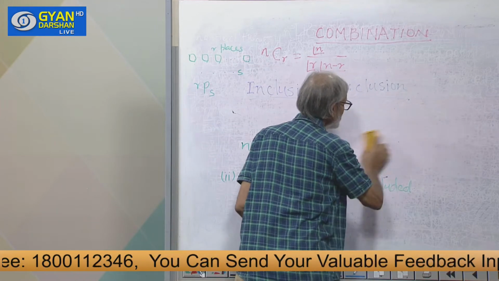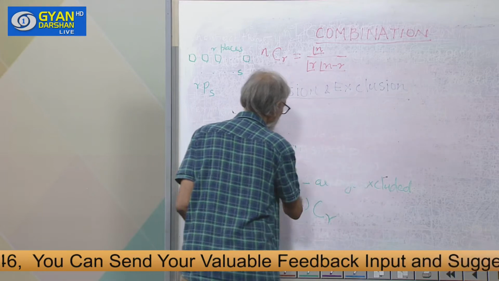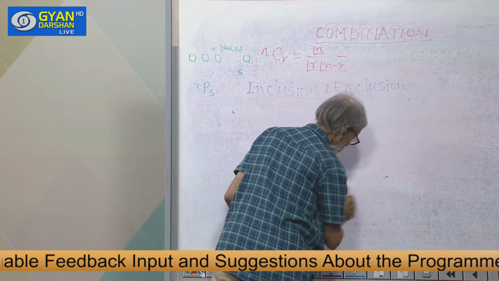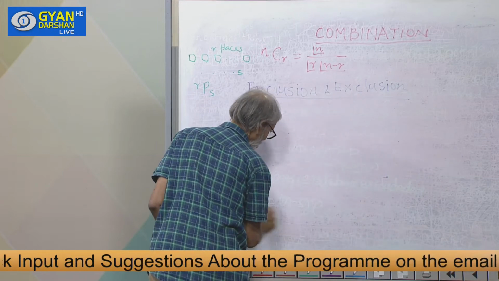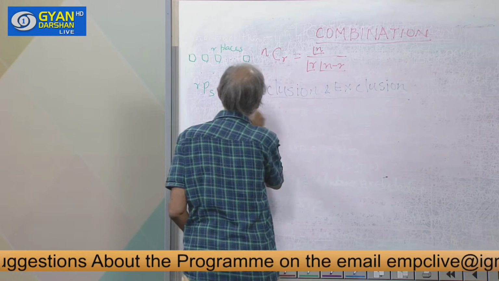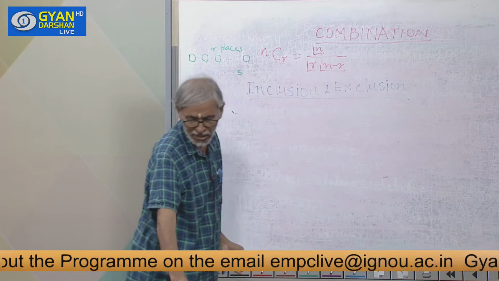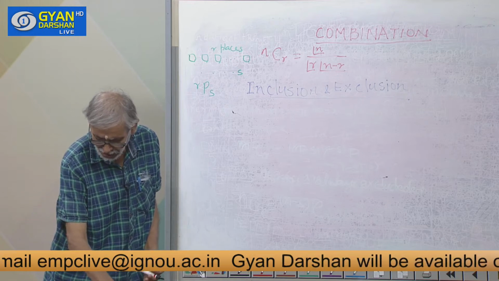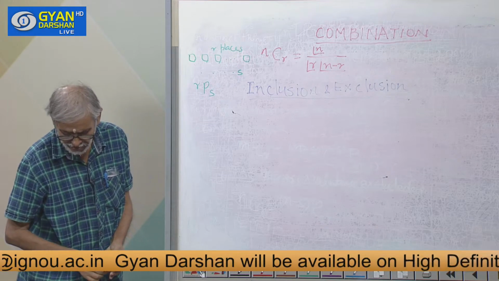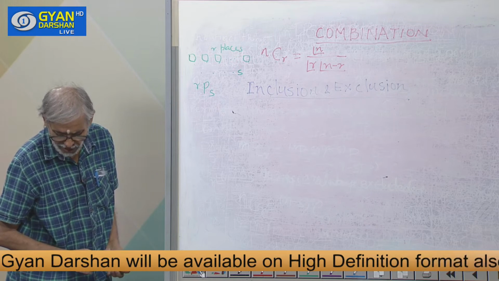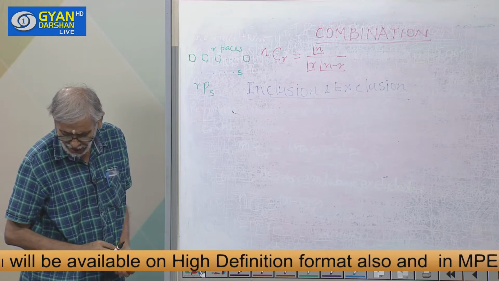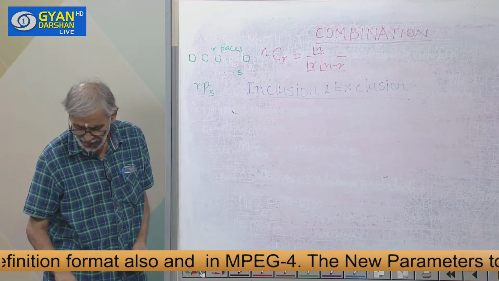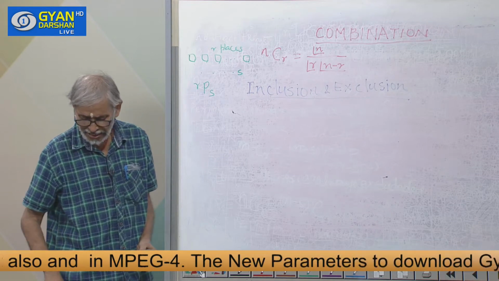Let us take a problem. Suppose a team is to be selected from a squad of 18 players, and we have to select 11 players.